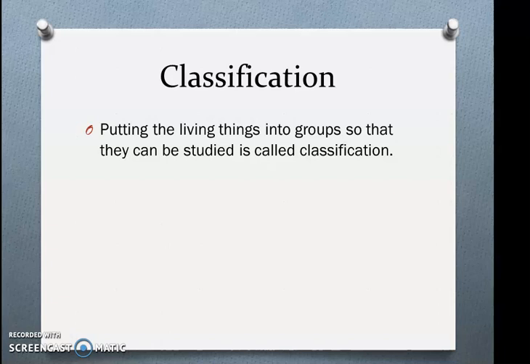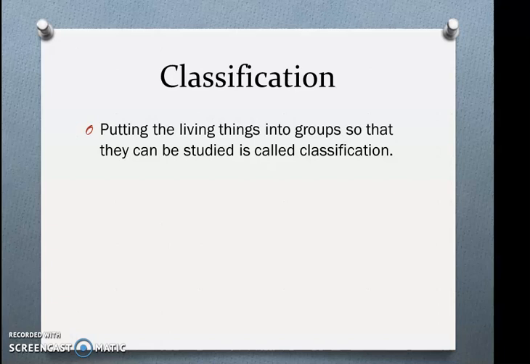The purpose is just to make the study process easier, and it becomes easier to divide the students into groups. In the same way, if we don't make any classification or grouping for living things, then it becomes very hard to study their properties, because there are millions of different types of animals and plants around us.